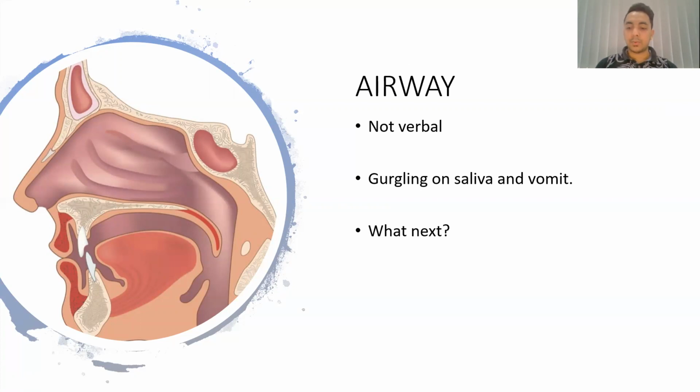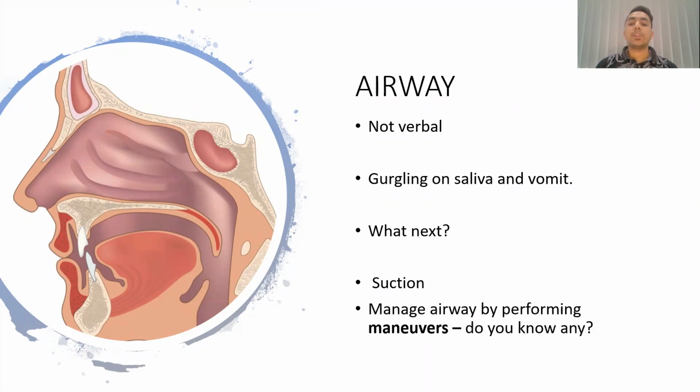Right, so here what you'd like to do is suction the airway because the person is gurgling on saliva and vomit, so that the airway is clear. And once you have suctioned, you can then manage the airway by performing maneuvers and try to secure the airway. Can any one of you tell me any maneuvers that you can do in order to secure the airway?